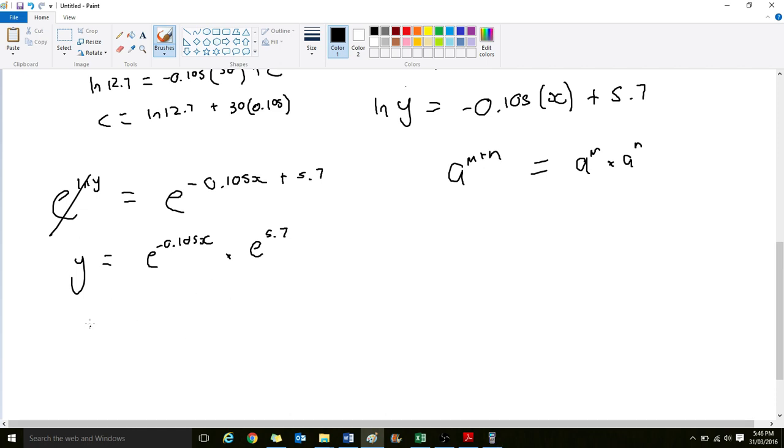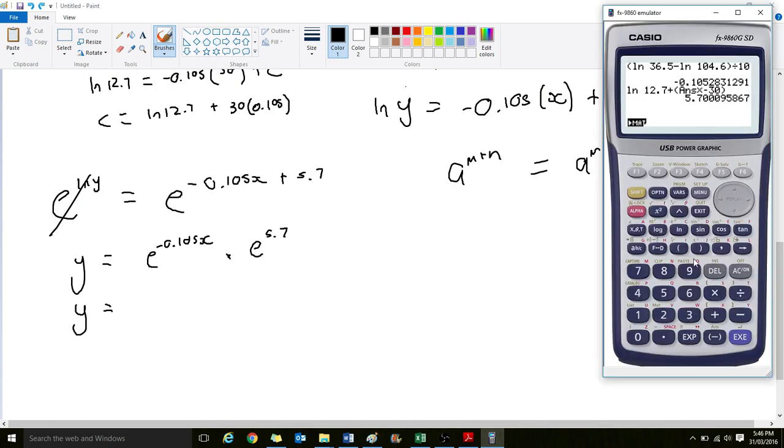So what we're going to have is y is equal to e to the power of, actually I'll calculate the number and we'll put that first because that's how we like to write it. So we have e to the power of 5.7, which is equal to 298.87.